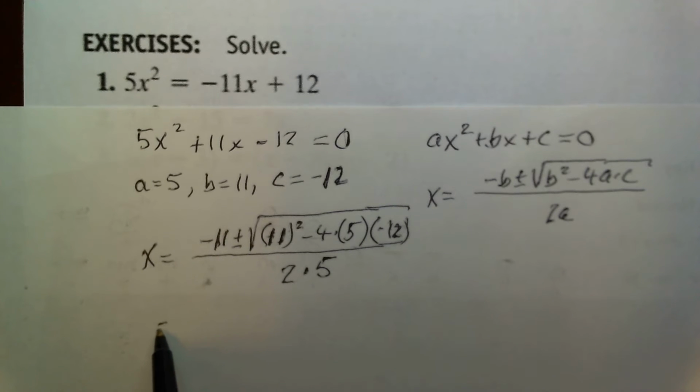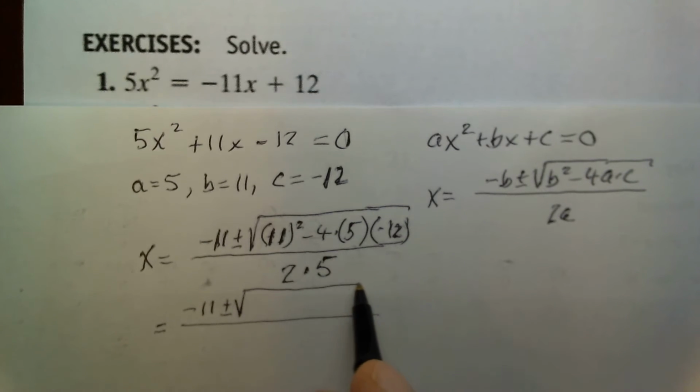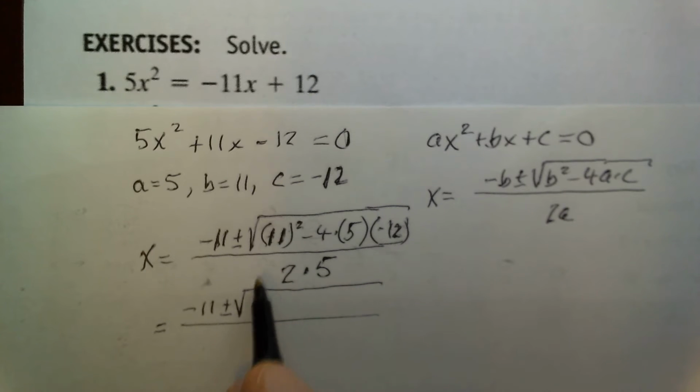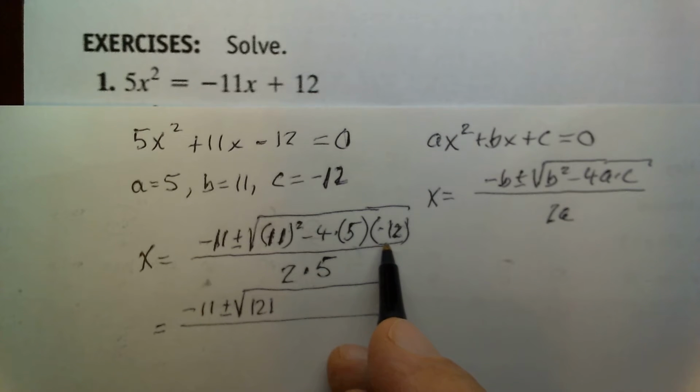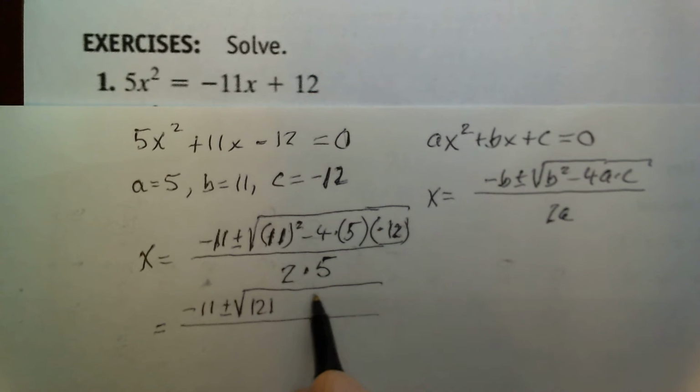So now let's do the calculations. Of course, we leave the minus 11 the way it is, plus or minus the square root of, and now we evaluate each term. 11 squared is 121, and minus 4 times 5 is minus 20, and minus 20 times minus 12 is plus 240, divided by 10.